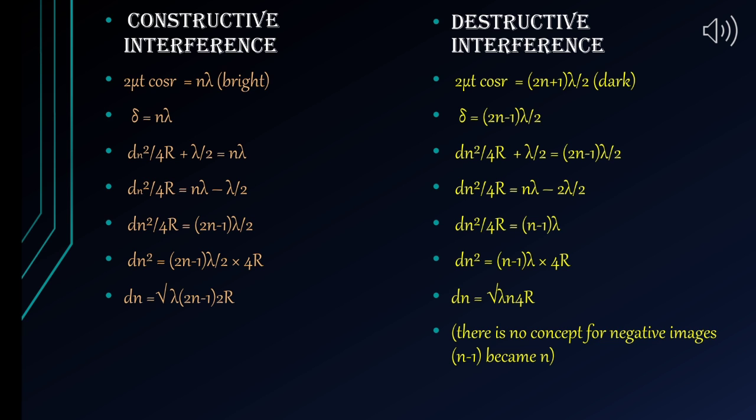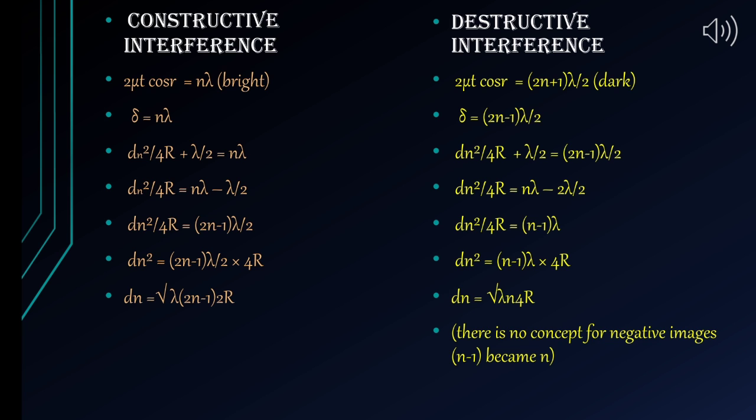Now coming to destructive interference: 2 mu t cos r is equal to 2n plus 1 into lambda by 2. That is for a dark band, that is destructive interference. Here the path difference should be equal to 2n minus 1 into lambda by 2. Then the path difference dn square divided by 4r plus lambda by 2 should be equal to 2n minus 1 into lambda by 2.